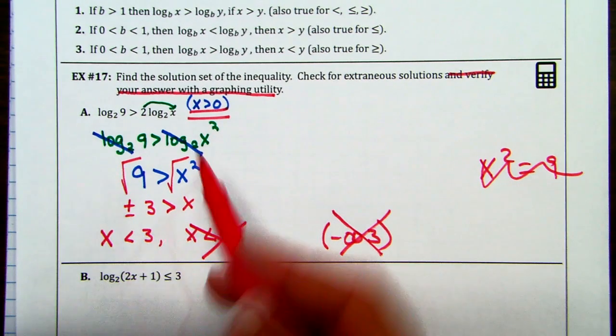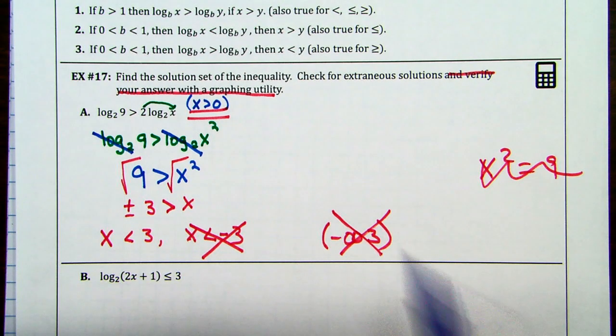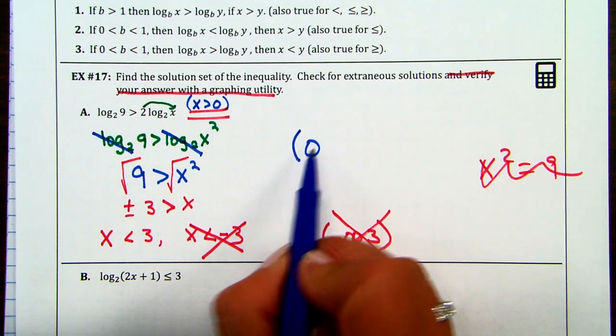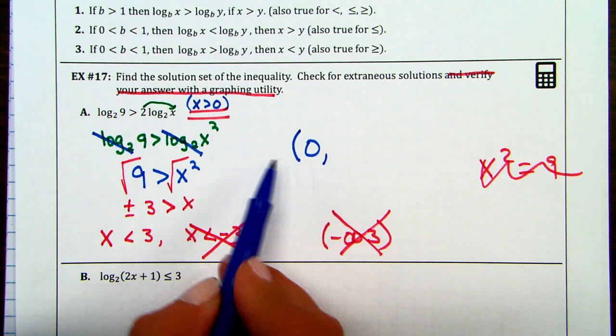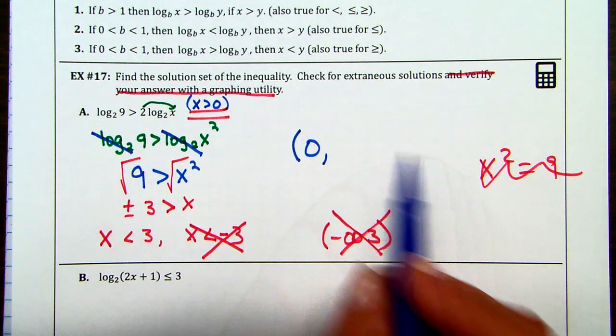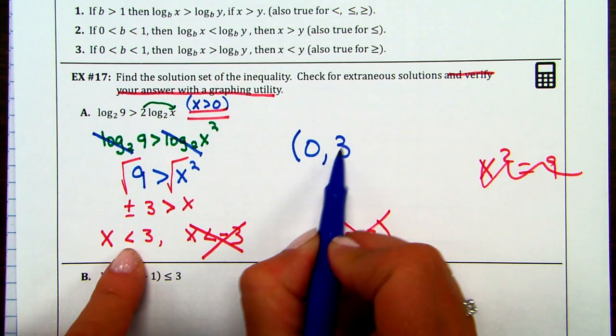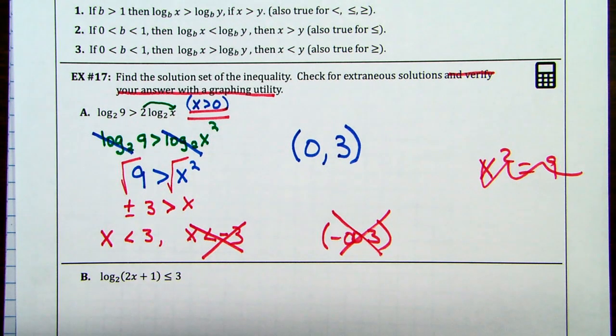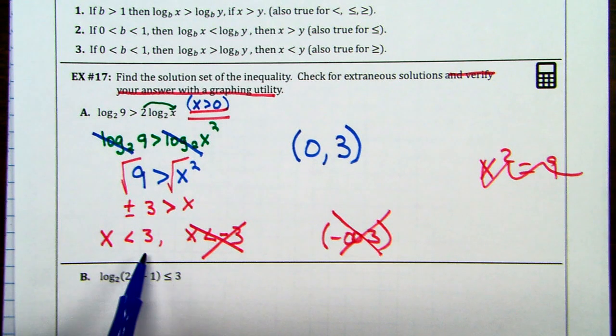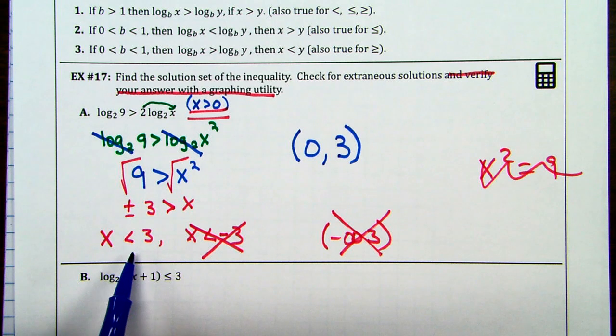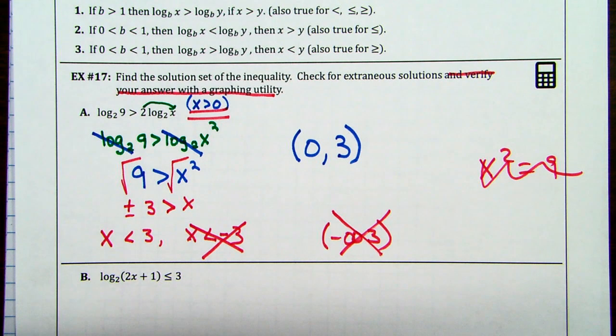So we want to say, what is the range of answers we can have? We can have from 0, but not including it, all the way up to 3, not including that. Those are the solutions. We can't just say all the numbers less than 3, because the numbers that are less than 3 include 0 and a bunch of negative numbers. And we're not allowed to have 0 or any negative numbers in a log problem.